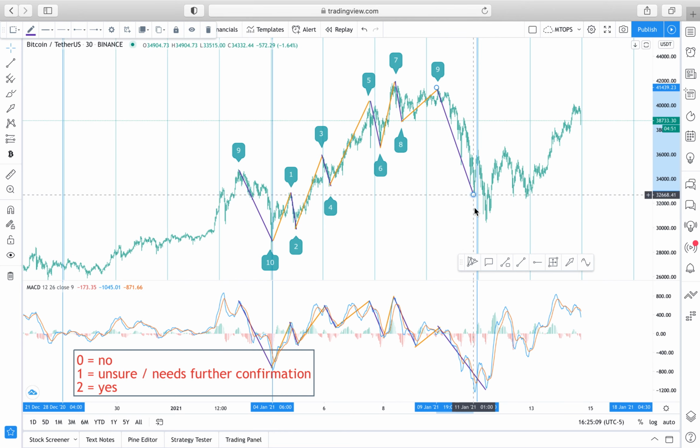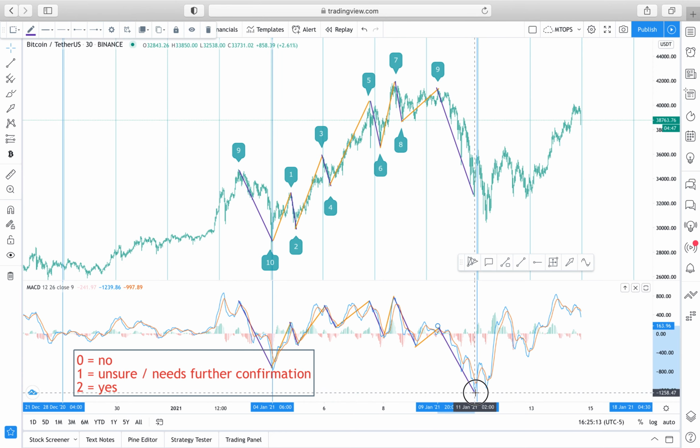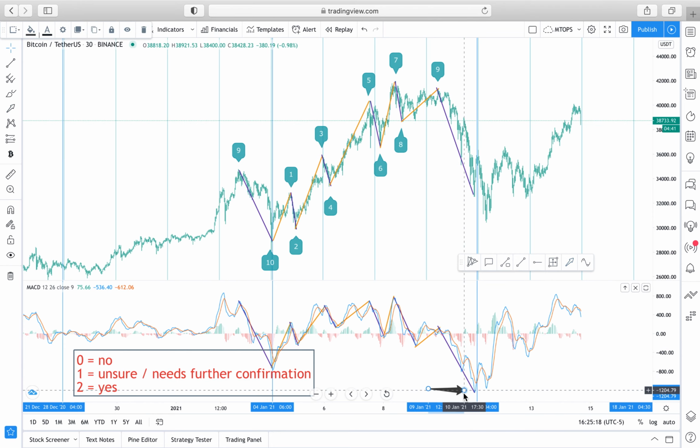10 formed over here, in fact. So in this circumstance, the oscillator really saved our butt, because they went from 9 to 10.